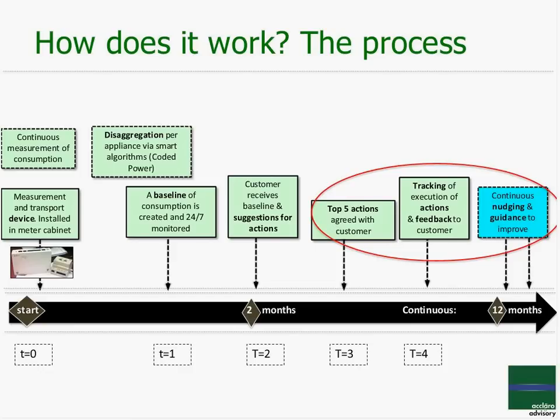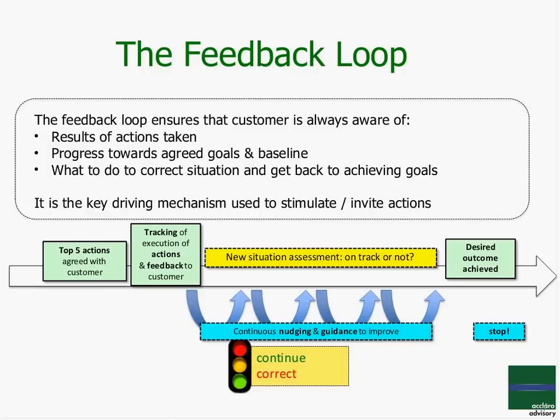But we have a time frame of around 3 to 4 months before we're able to start to look at where energy savings can take place and where some of these efficiencies are, both from a wider perspective and from an individual end user perspective. And within 9 to 12 months, we're starting to talk about engaging with the nudge process and the provision of specific guidance to achieve significant and dramatic reductions in energy consumption.